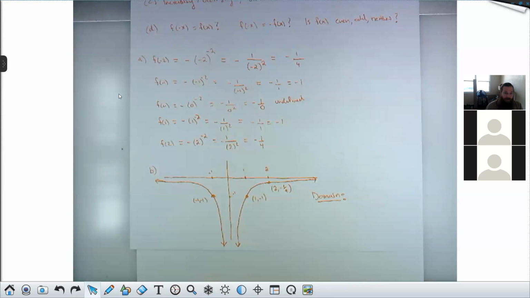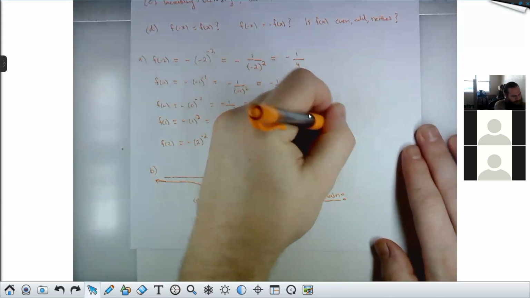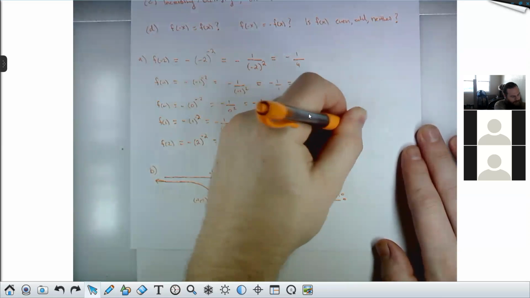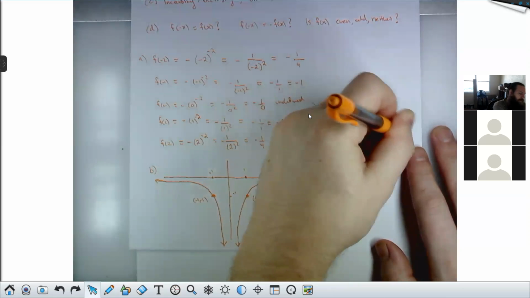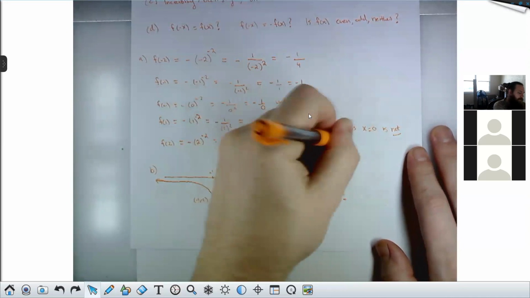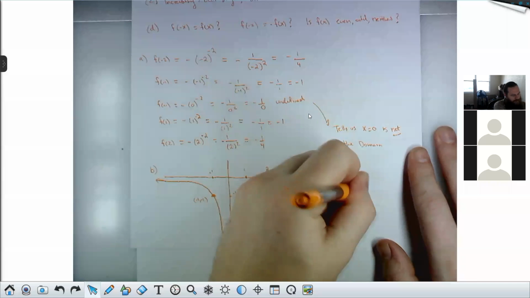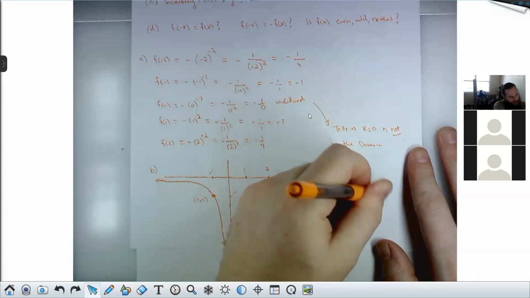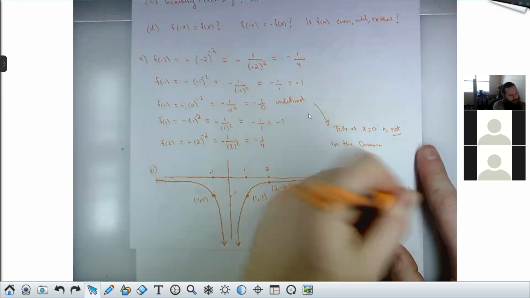It's everything but 0. This function is undefined when we try to plug in 0. So 0 is not in the domain. This piece tells me that x equals 0 is not in the domain. So my domain is -infinity up to, but not including 0, unioned with 0 to infinity.